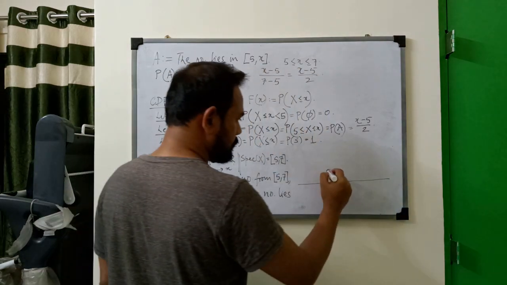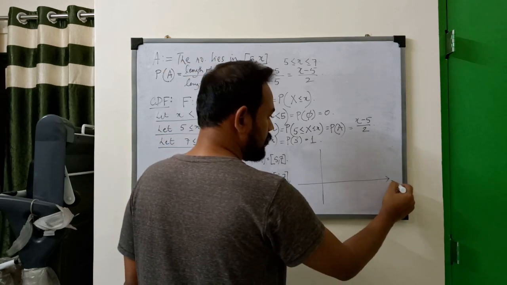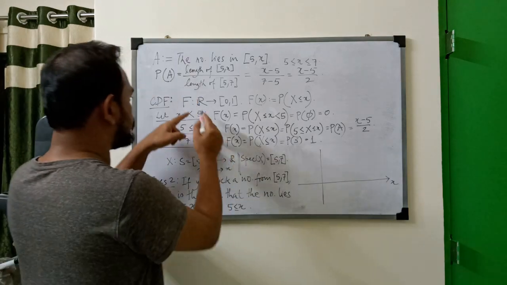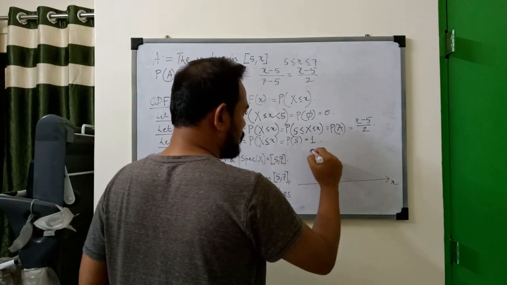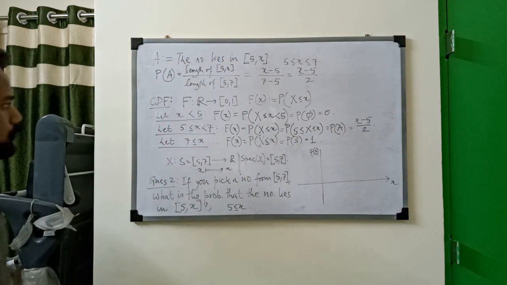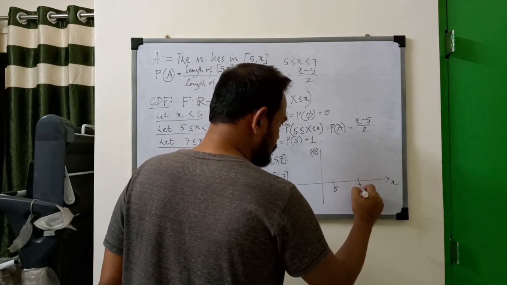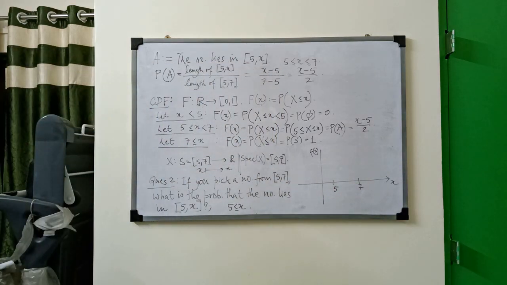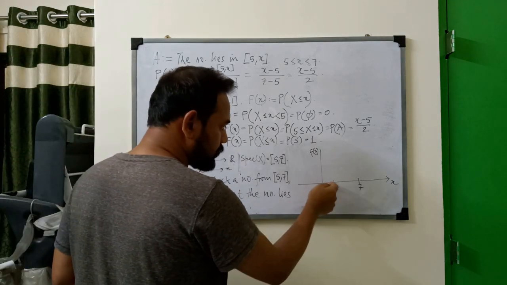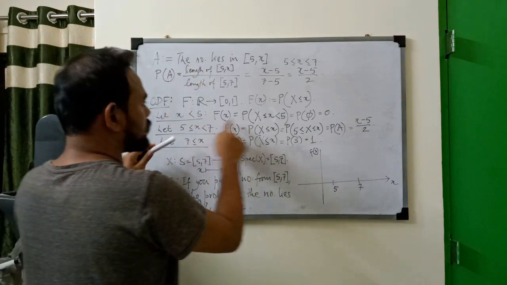So here it is. This is your x-axis, where I will plot my small x, which is this domain. And here I will plot capital F(x) along the y-axis. Here is 5 and here is 7. When you have an x which is less than 5, so all points below 5 on the left hand side, the value of the function is 0.